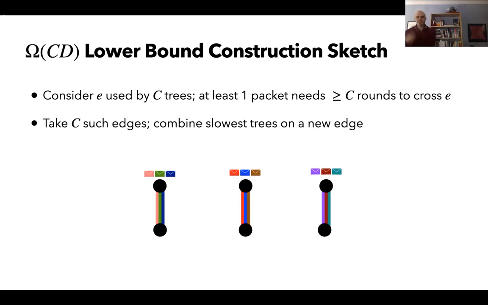Now, if we somehow magically knew which of these packets were the slowest packets along each of these edges, the ones that were going to get delayed by at least C, then we could combine these into a new edge. In particular, imagine for a second that the packet on the far right, as I've drawn it, of each of these edges is the one that's going to be most delayed.